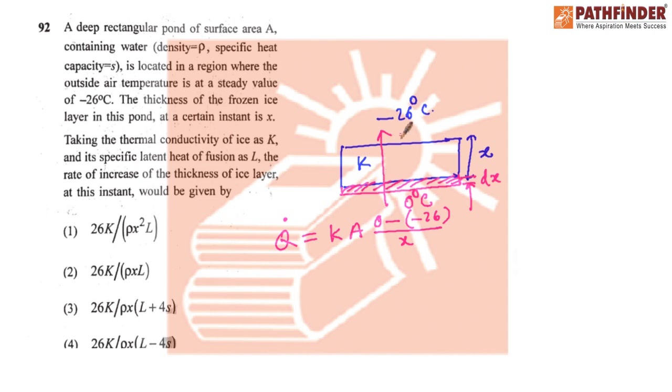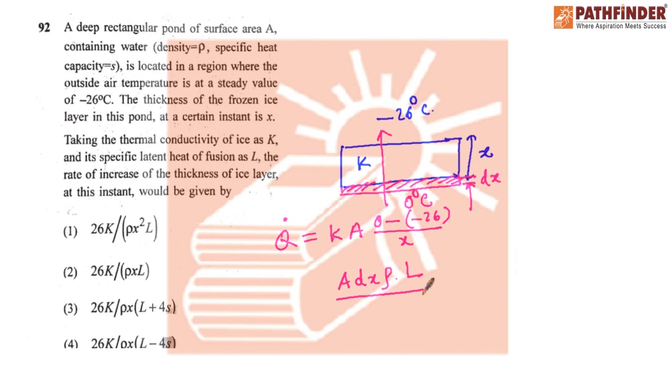So that is the heat conducted per unit time. Now see, in dt time a dx thickness of water becomes ice, so it rejects latent heat, and that amount is equal to the mass of this element, which is area times dx, that means the volume of water which has just become ice in dt time, times the density rho, that is the mass, times latent heat L. So that is the total heat needed to convert this dx thickness of water into ice, and it happens in dt time.